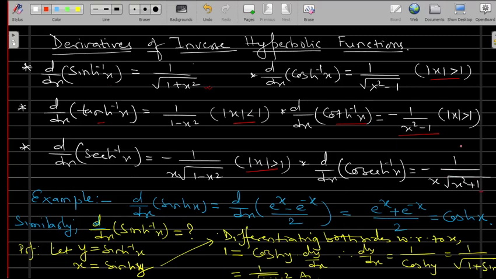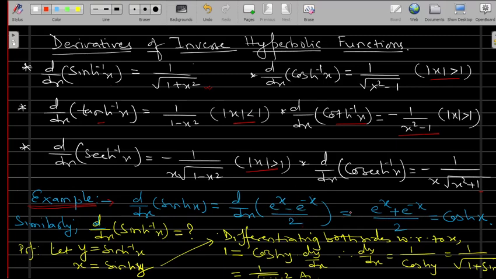So study this formula, check this formula once, revise this formula once, and we will discuss one example over here, that is how the derivative of sinh x is cosh x. So let's see, d by dx of sinh x is d by dx of (e to the power x minus e to the power minus x) by 2.